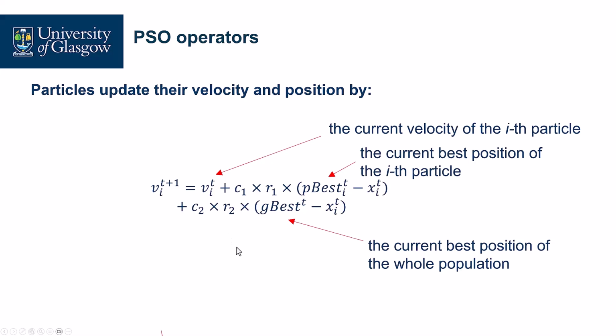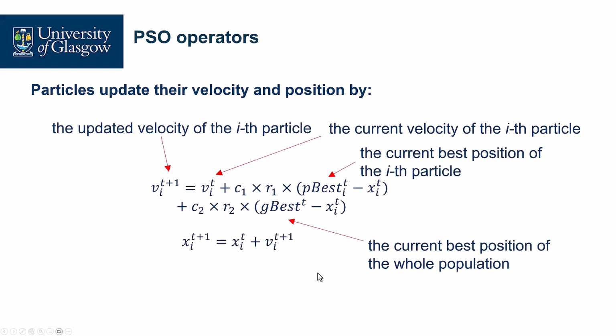Then with them we can find the updated velocity of the ith particle, and we can say this is v^(t+1). t plus 1 means next iteration. So for the next iteration, we consider the current velocity in the tth iteration and the p-best and g-best of the particle i in the tth iteration.